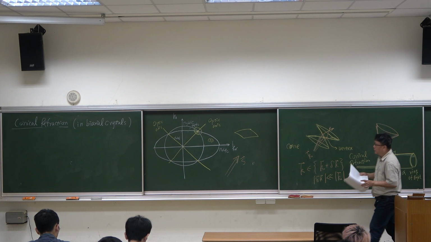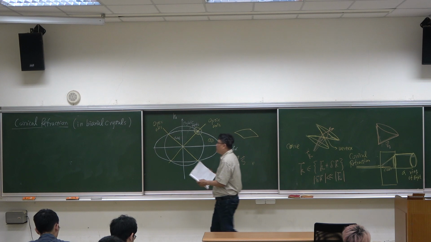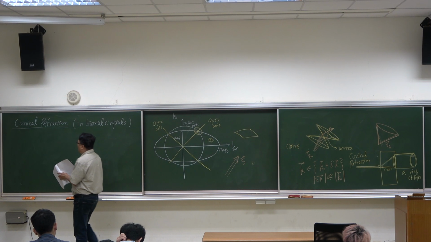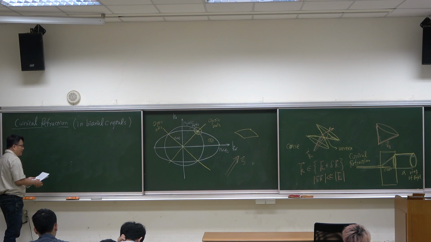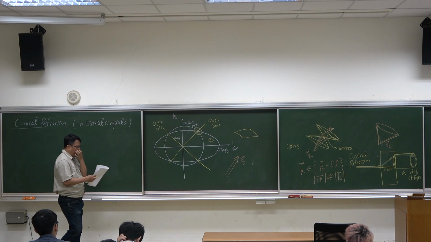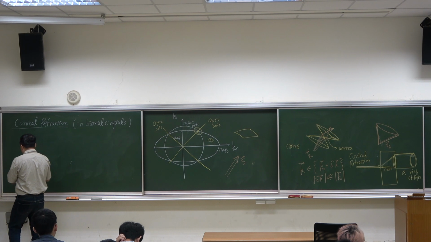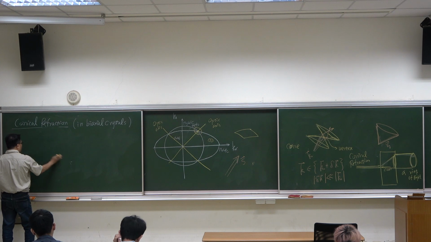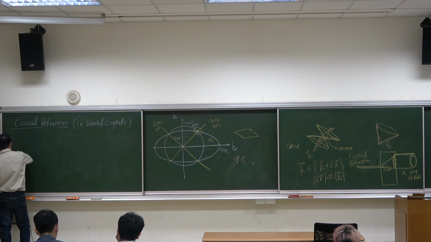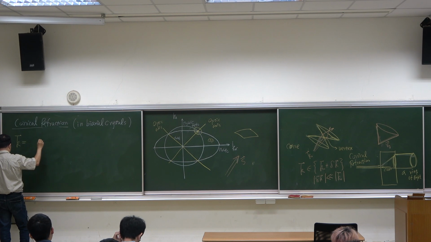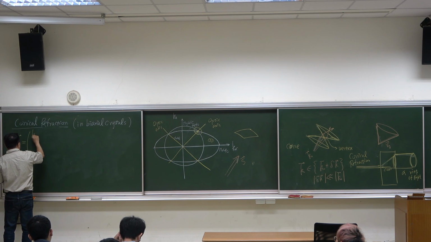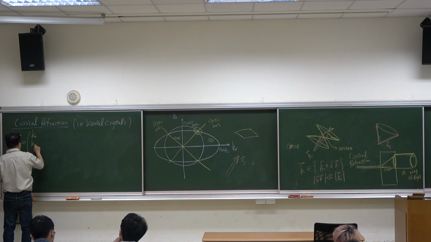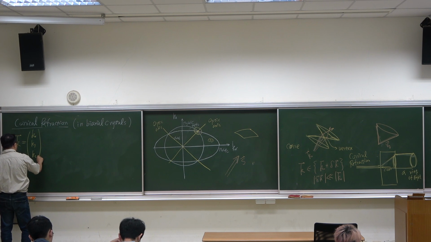Now I do some math to verify the cone structure. We already have k vector written as kx, ky, and kz.